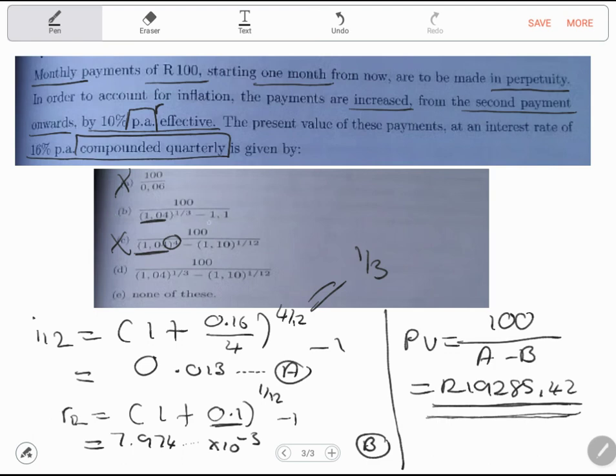Option B is just 1.1, and they don't show us the exponent of 1 over 12, whereas D has 1.1 to the 1 over 12. So D would be our final answer. In this multiple choice question, they didn't work out i12 and r12 separately and then do the present value formula. They did it all in one step.